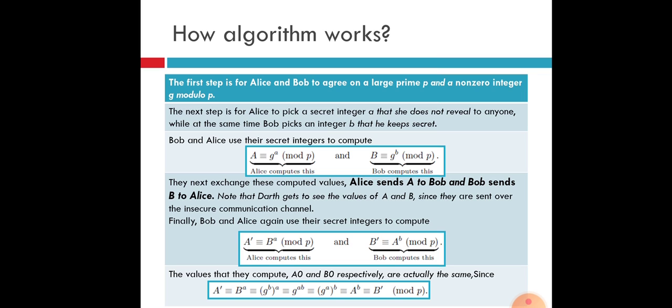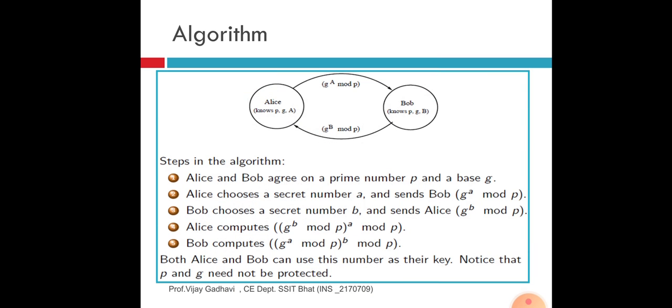It is used for secret integers to compute, and respectively we actually get the same values. Once again, the algorithm: we have seen the steps. Sender and receiver, Alice and Bob, agree on a prime number base G. Alice chooses a secret number a and sends A to Bob.